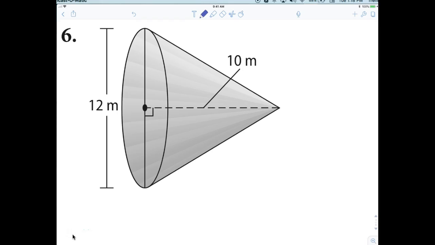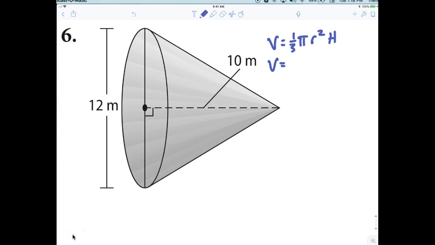Now we've got number 6. Here we go. Volume is 1/3 pi r squared capital H. So someone else besides Caroline, tell me what the answer is. Go, William. Okay, so the height is 12, no, sorry.